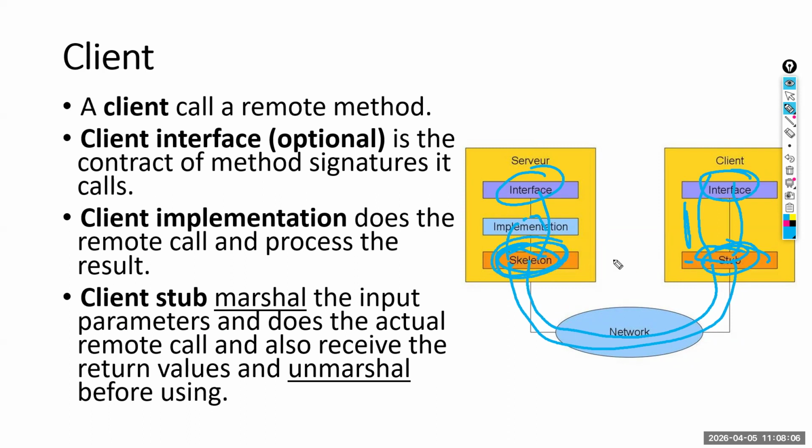These are generated code. Otherwise, you need to write this code. So the stub and skeleton are doing the heavy work. Otherwise, you need to write that code. Okay, so that is why we need stub and skeleton. That is why these are generated code for you, rather than you writing it.